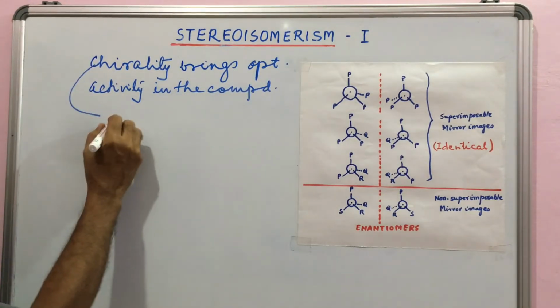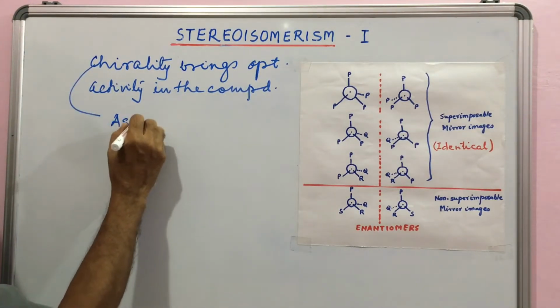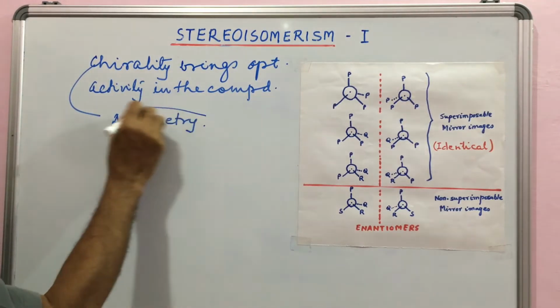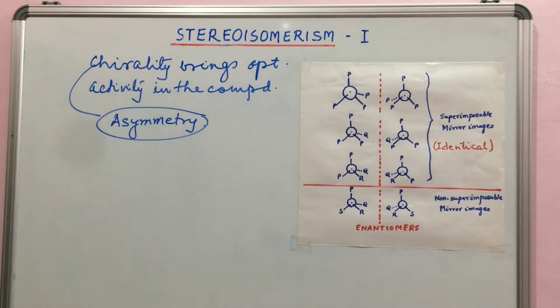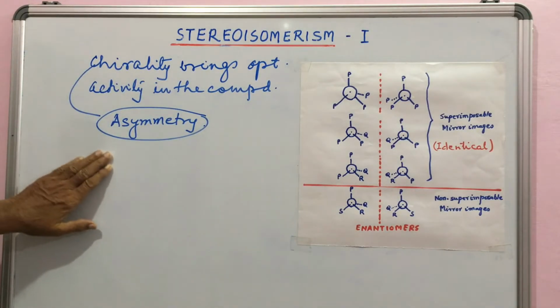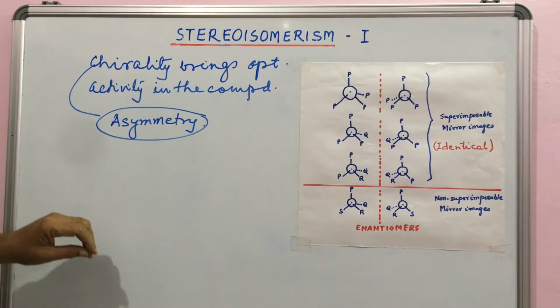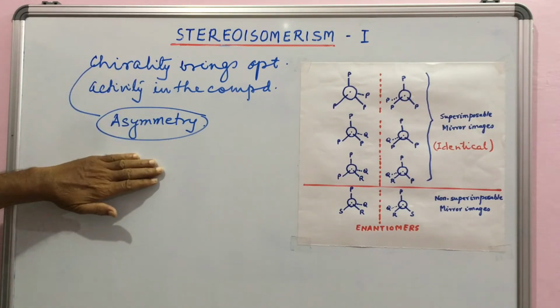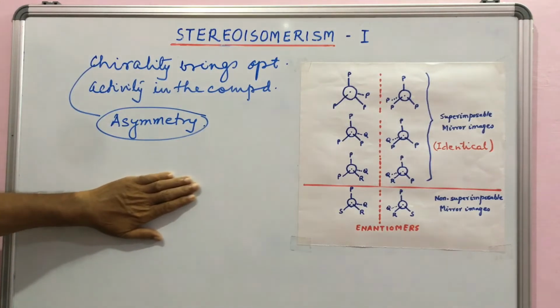Chirality means asymmetry, that is, not symmetric. Symmetrical molecules will never show optical activity. It is the asymmetry which is responsible for this.